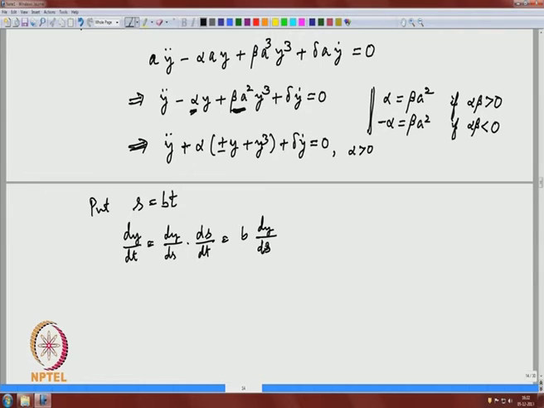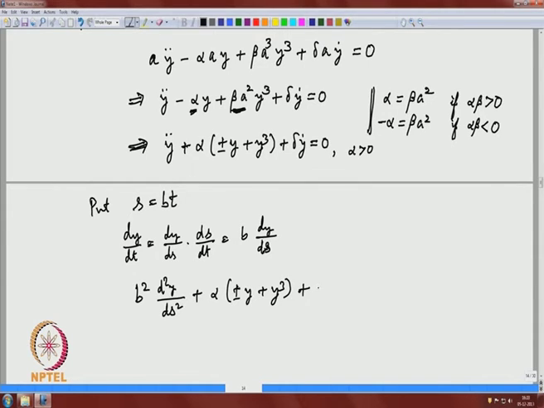Okay. So, these are scalings. I am scaling the time variable and I am scaling the unknown function x. Okay. So, if you do this again what you get is b square d square y by ds square plus alpha plus or minus y cube. There is no derivative here, so that will remain the same.